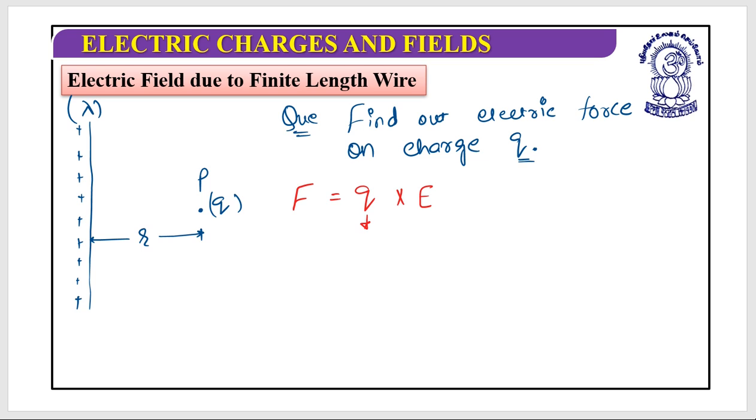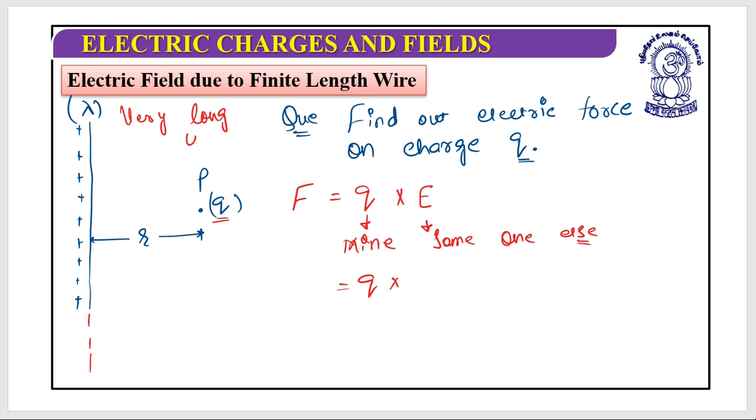In that case, the charge will be mine and the electric field will be from someone else. So here who is mine? It's the charge Q. And who is someone else? It's a very long wire.